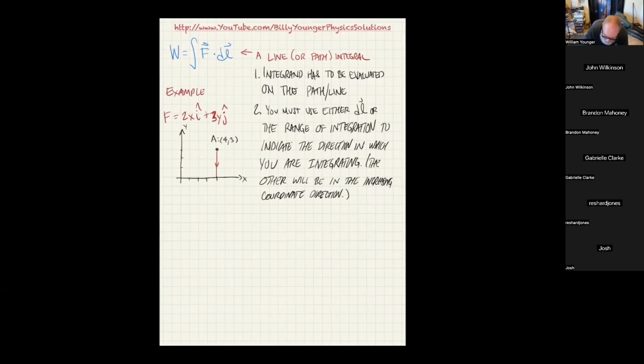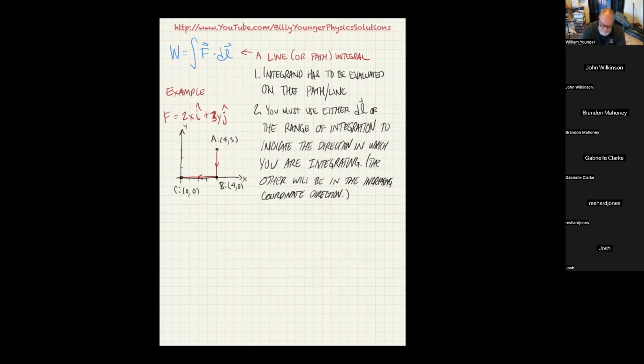And then I'm going to integrate this way and end up at this point by going through this point. So point B is going to be y equals 0, but x is still 4. And then point C would be 0, 0.